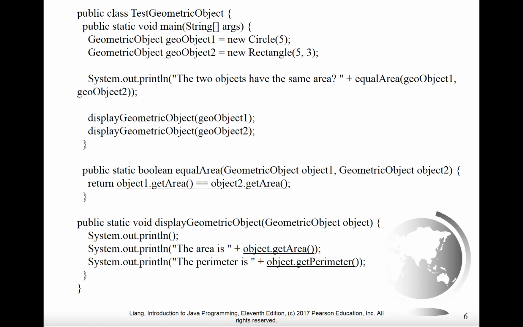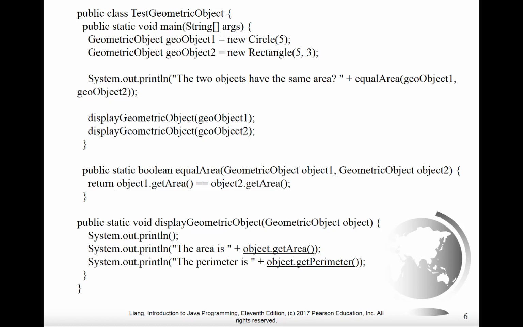So if you look carefully at this line where we're returning the Boolean result for equal area, the line says return object1.getArea equals object2.getArea. In both cases, these are geometric objects, at least that's how they've been declared, and we're using the getArea method with each of them because the geometric object does have a getArea method.